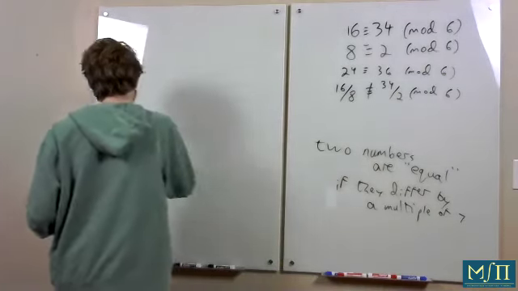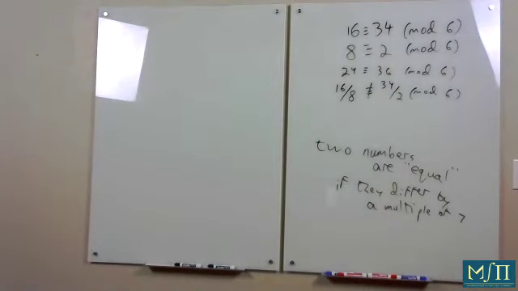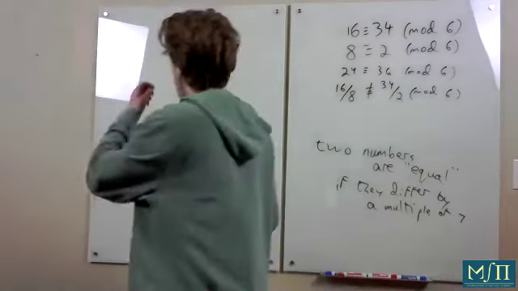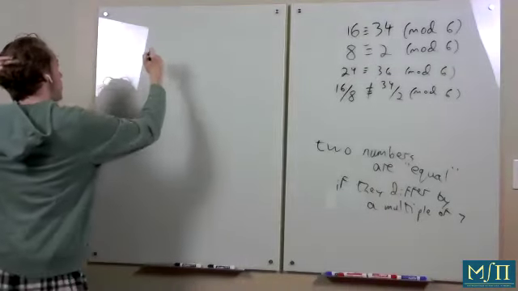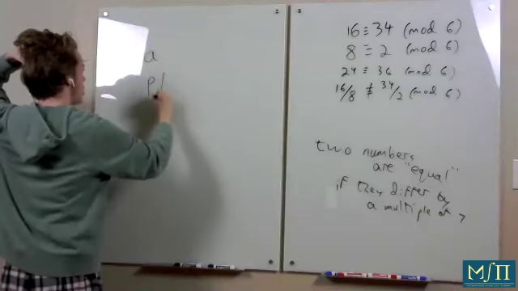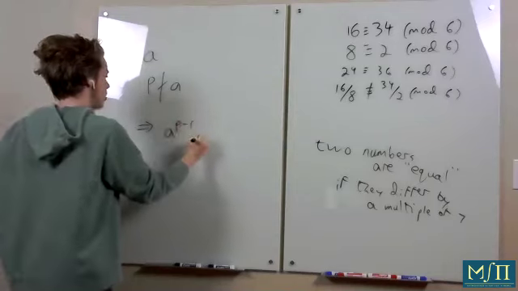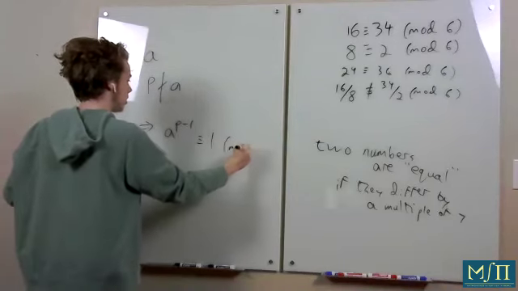Also there's Fermat's little theorem, which I think y'all have seen before, which is basically telling you that if a is an integer, p is a prime not dividing a, then a to the p minus 1 is congruent to 1 mod p.